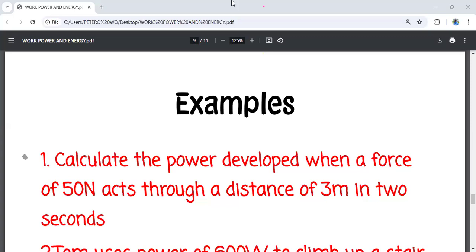So we have 2 seconds as our time. We have 50 newtons as our force, and then the 3 meters as our distance. So how will we get our power using that?